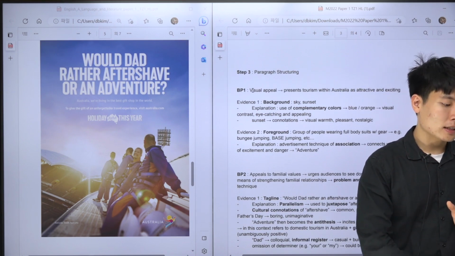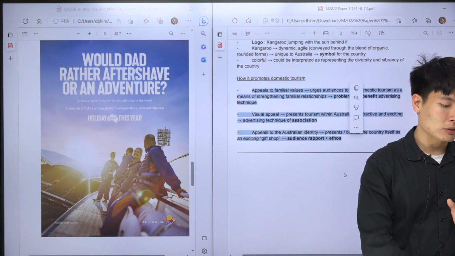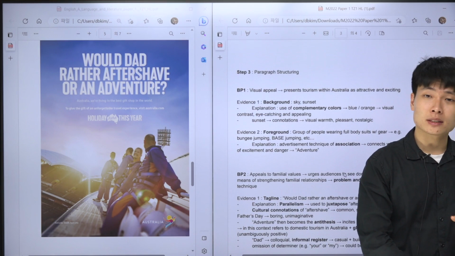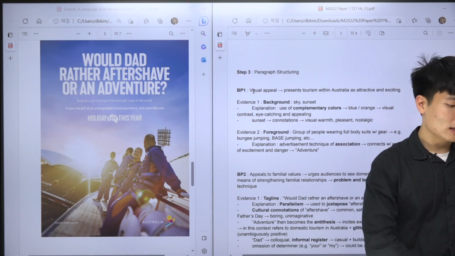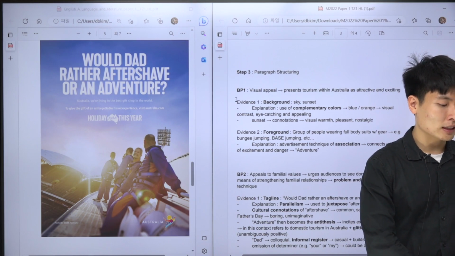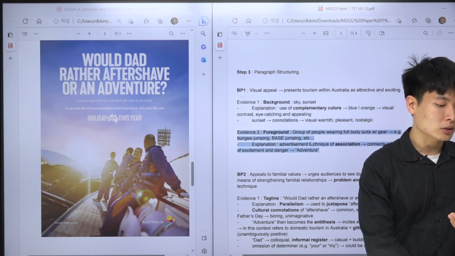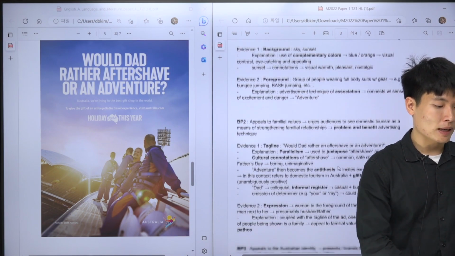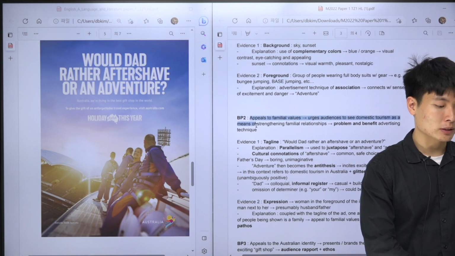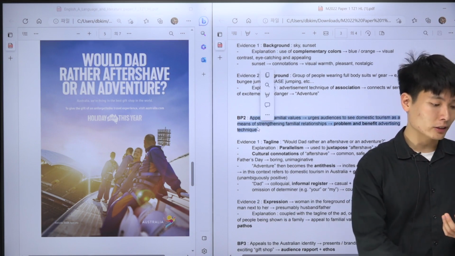So you can see that the three points I have outlined here now become a body paragraph point sentence each. I'm going to start off easy with the visual appeal. And here I'm going to bring in what I said about the background and the foreground. So this is not going to be too hard of a paragraph for me to write, followed by body paragraph 2, where I'm going to talk about how the advertisement appeals to familial values.